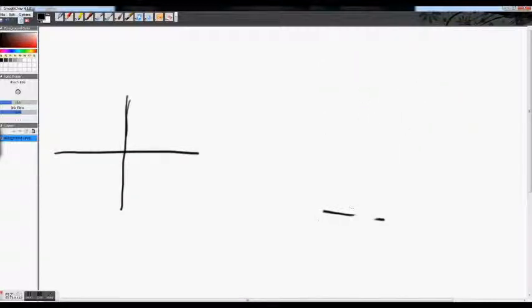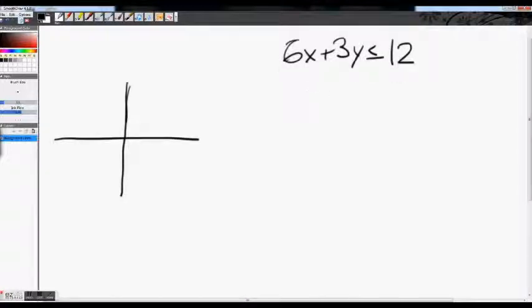So let's say we have the linear inequality 6x plus 3y is less than or equal to 12. Now, we're going to isolate our y.